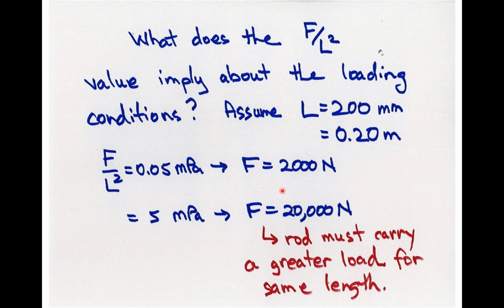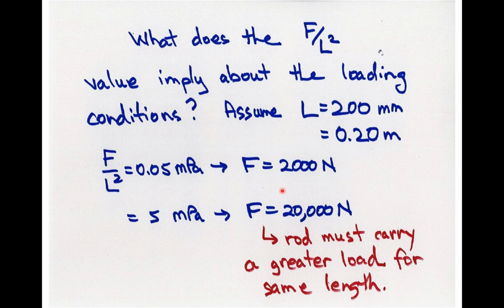Let's give you an example of what we're talking about. What's the difference between these two lines in terms of the loading? Let's assume that the connecting rods are the same length, just to keep things simple, and I'm keeping it at 200 millimeters, which is what was used in the min-mass problem, to be consistent. The force on the connecting rod for the F over L squared of 0.05 megapascals is 2,000 newtons, and for the 5 megapascals is 20,000 newtons.